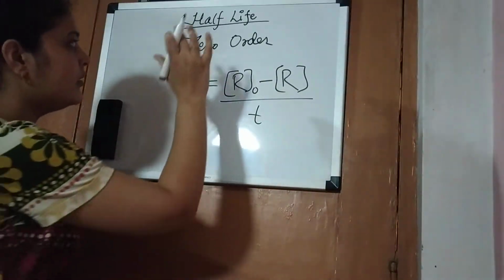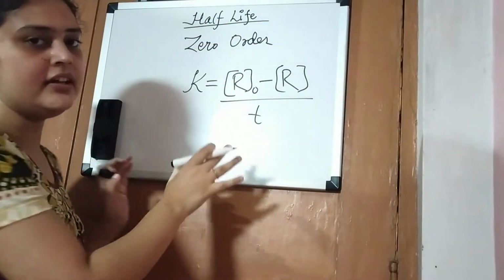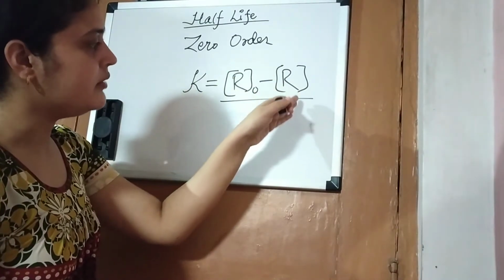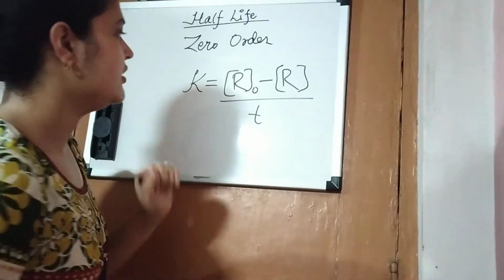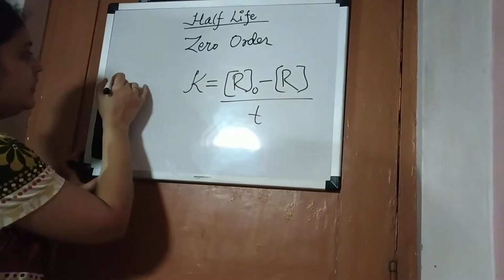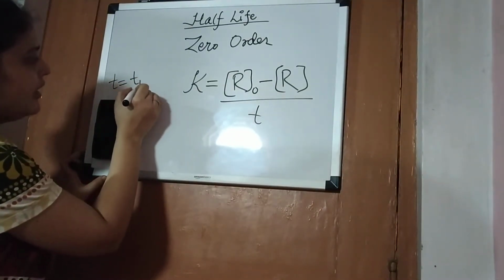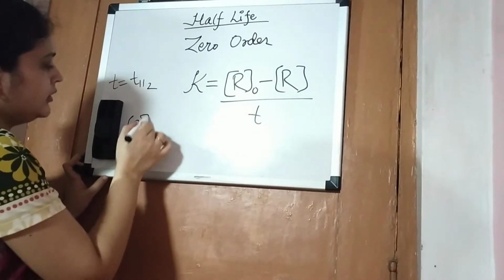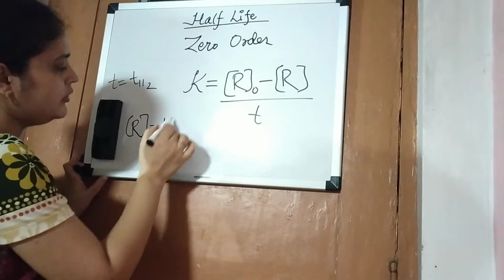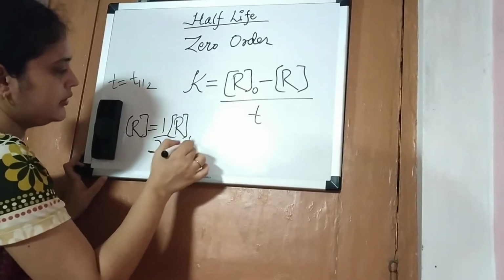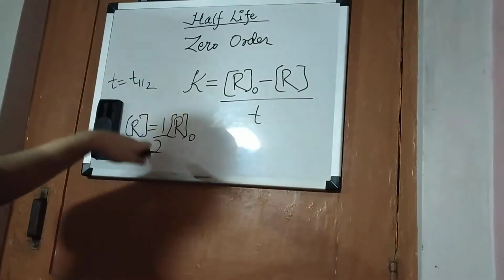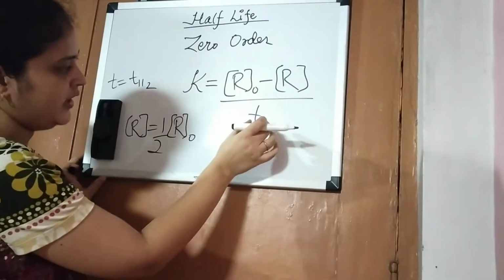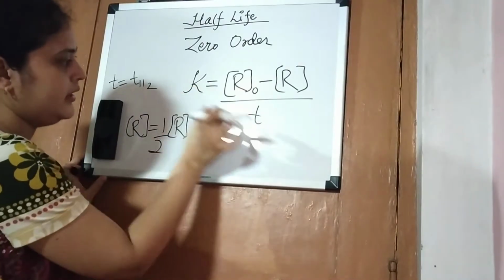So I said that half-life is the time at which the reactant concentration becomes half of the initial concentration. So here the T will be denoted by T half and R will become half of R naught, right? And we will put these two things in this equation, and I am taking T here and K here.